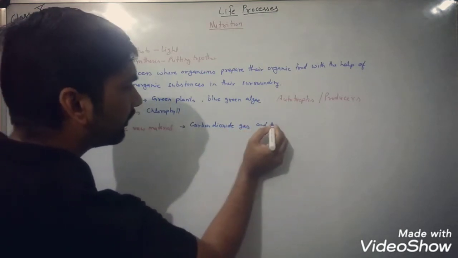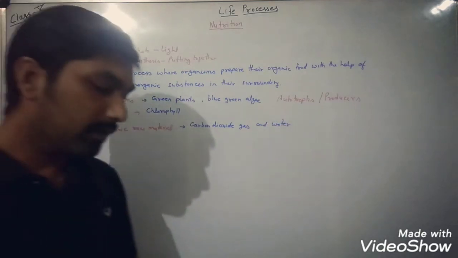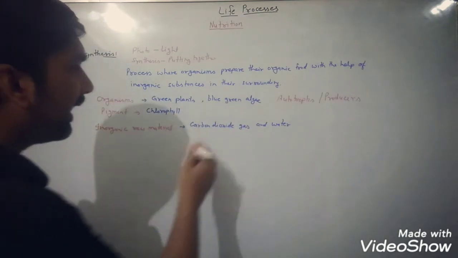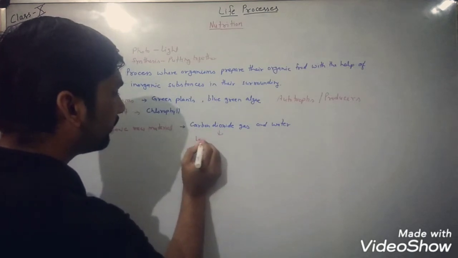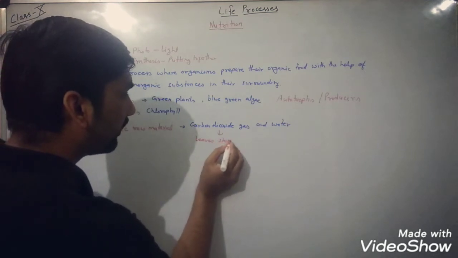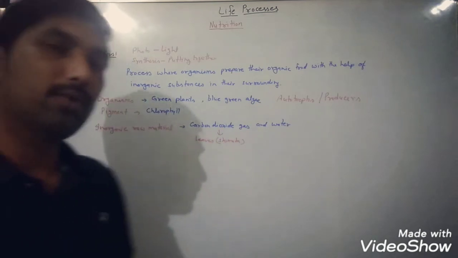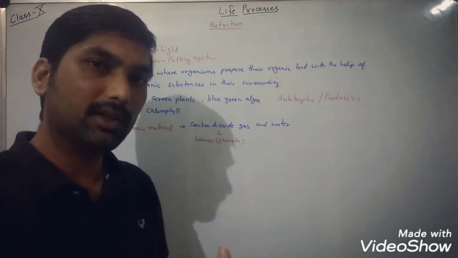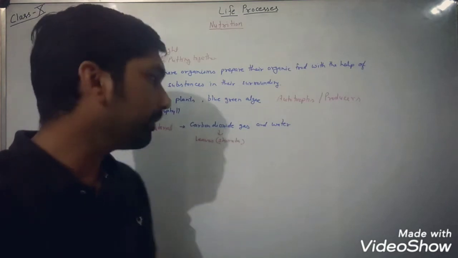and water. When we talk about how plants get these things, carbon dioxide gas is mainly absorbed from the leaves through the stomata, because stomata are the small pores through which gases, oxygen or carbon dioxide, can be absorbed and released also.